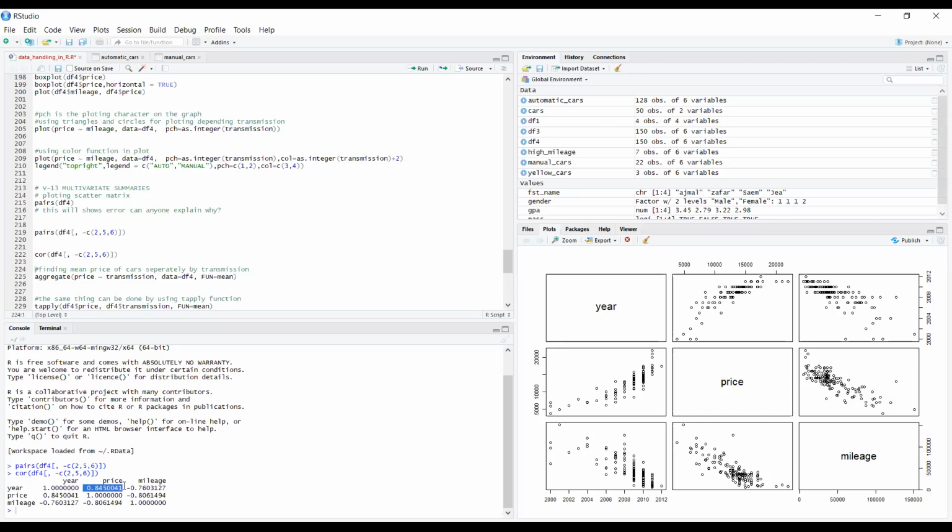So what is this correlation indicating? It is indicating that year by year the price is increasing, which is obvious, and the mileage will reduce as we go year by year. The mileage will be smaller because when the car has a new model, the mileage will be smaller.